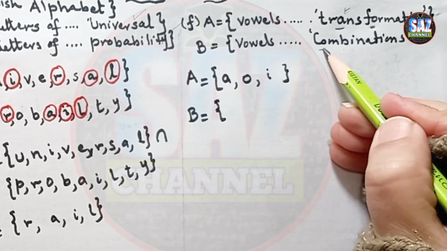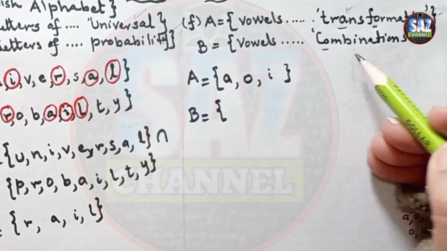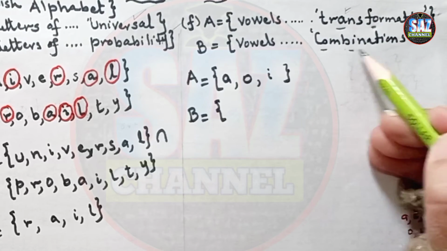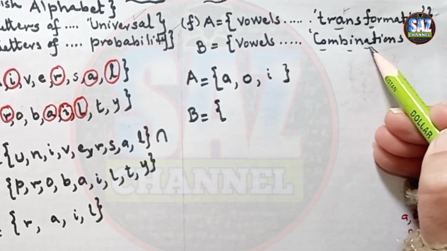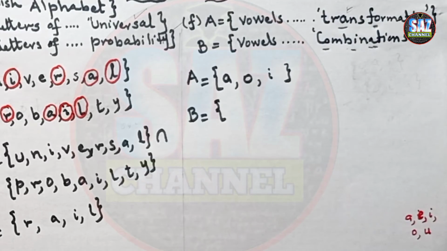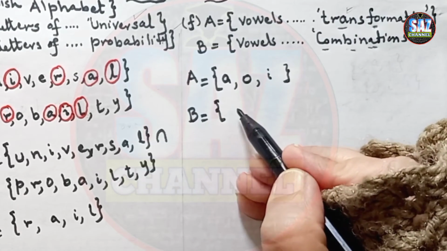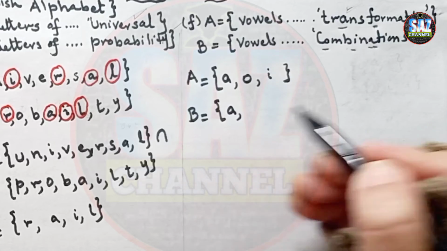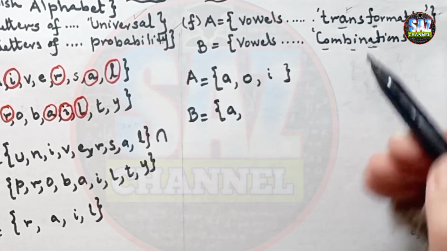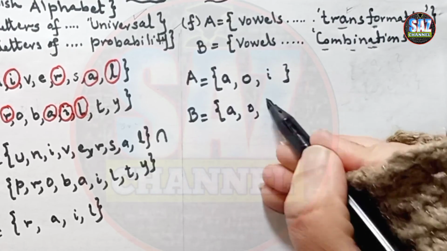The vowels that I pick up from combination are O, I, and A, or I can write it in order form, that is A, and then O, and then I.